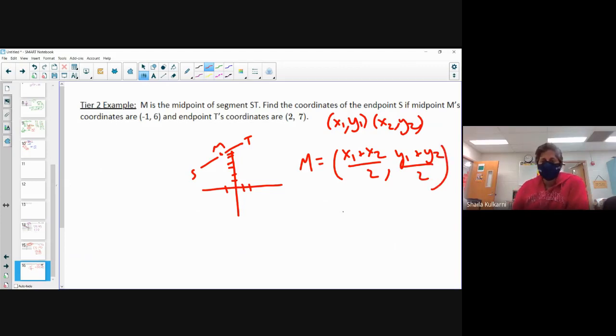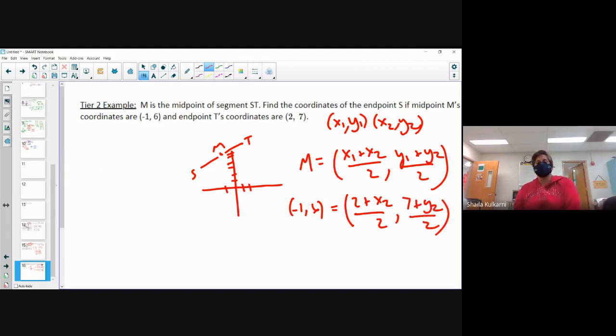So what do we know here? We know the coordinates of M because it told us M is -1, 6. We know the coordinates of T, so we know one of these. We know 2 plus, and we know 7. So how are we going to solve this problem?